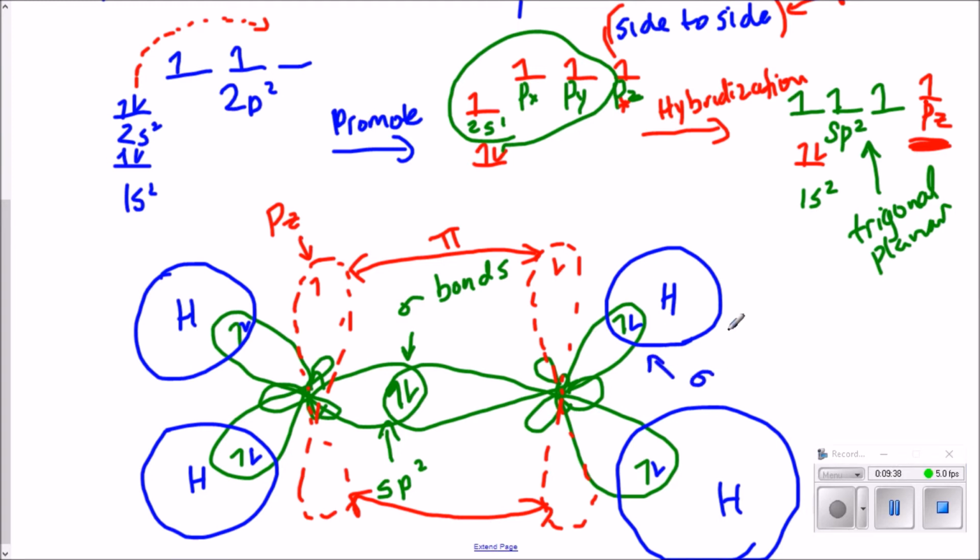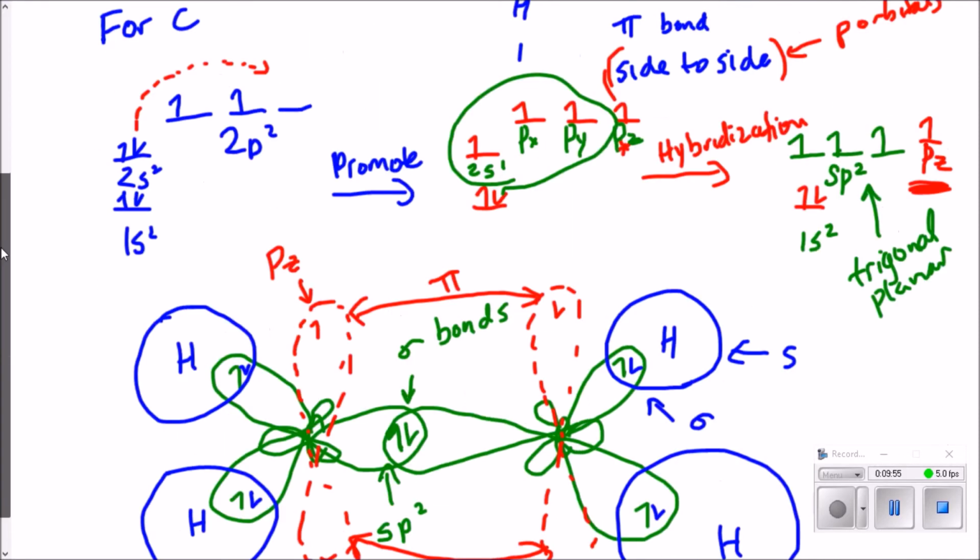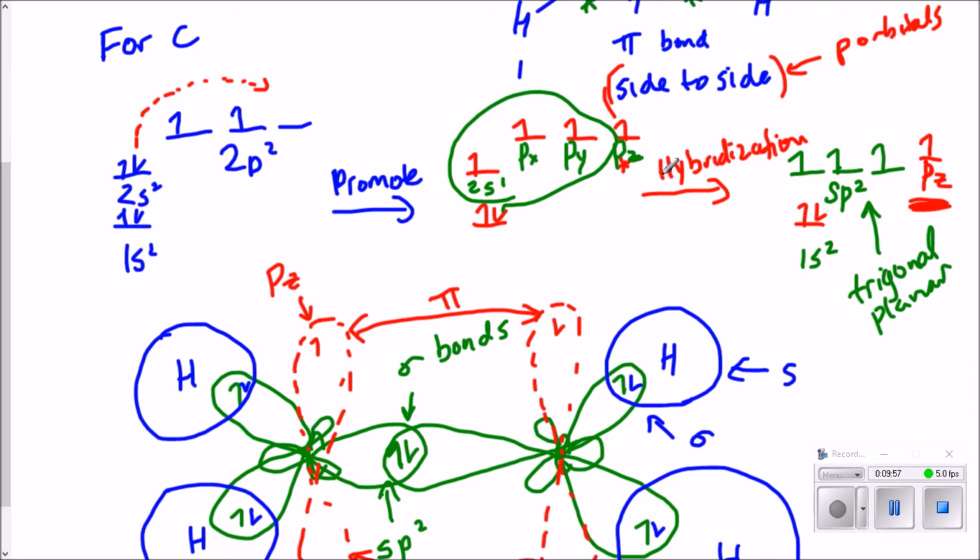That's going to be a sigma bond because it is an end-to-end bond. So we label each orbital, the blue orbitals are s orbitals, and we have 4 sigma bonds for those hydrogens, and we have our molecule. So this is the energy orbital overlap diagram for ethene.